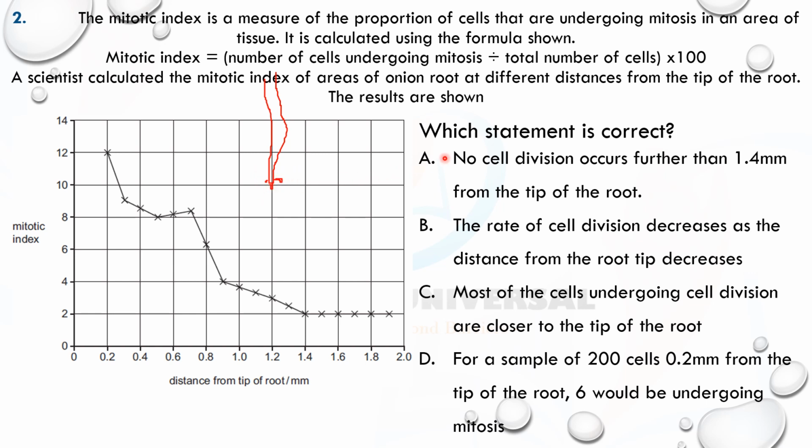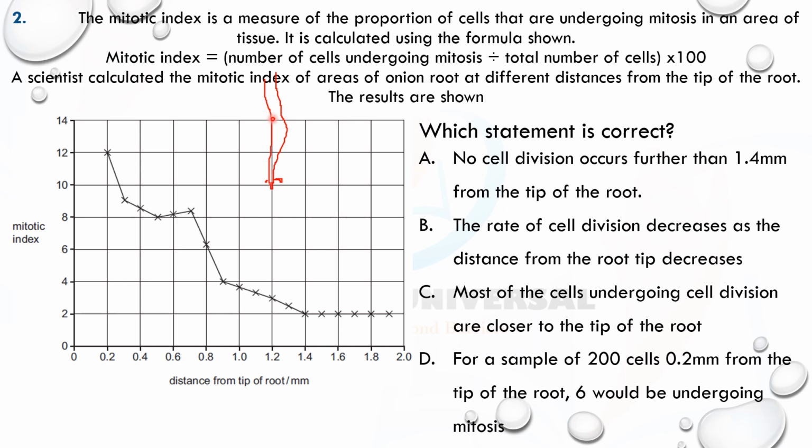So A says no cell division occurs further than 1.4. So we measured from here above, away from the root tip, and at each part the mitotic index was determined, then we moved to the next part away from the root tip. A says no cell division occurs further than 1.4.